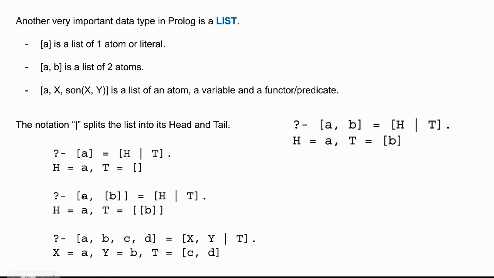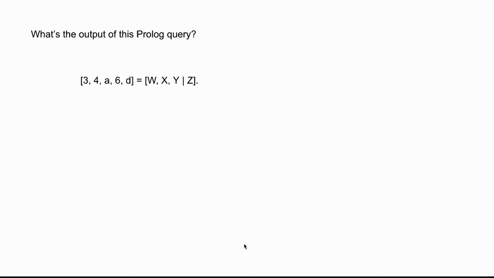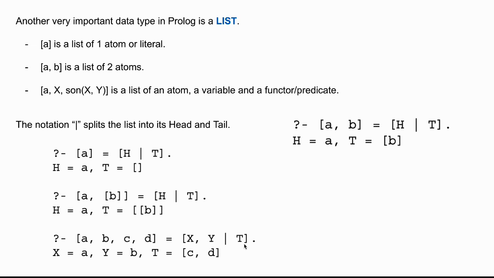If you have a list with 2 elements and you set it equal to H vertical line T, H will become A and T will become the second element in the list. If you have [A, B, C, D] equal to [X, Y | T], what you will get is X equal to A, Y equal to B, and T equal to [C, D].